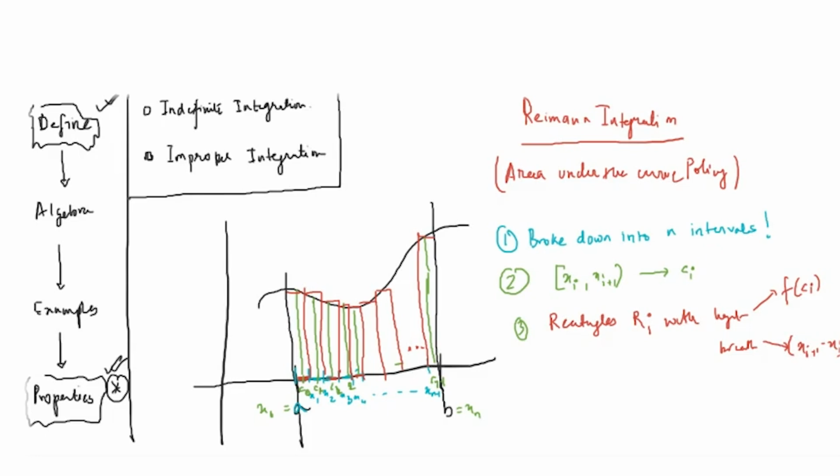So what can be a good approximation of the area? ci is a point between xi and xi plus 1. Any point, it's not defined which point, any point.